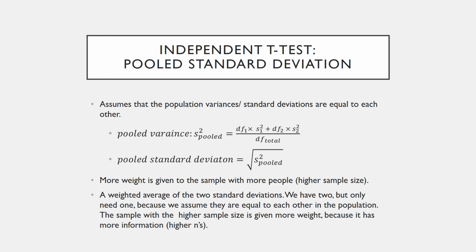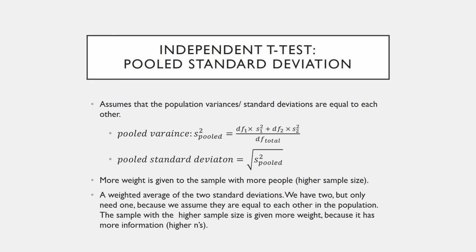Okay, but when we randomly select a sample, the standard deviations are going to vary a little bit from each other, and we're going to expect that the standard deviation with the highest sample size is going to be more accurate than the standard deviation with the lower sample size. So we're going to give more weight to the standard deviation with the higher sample size.